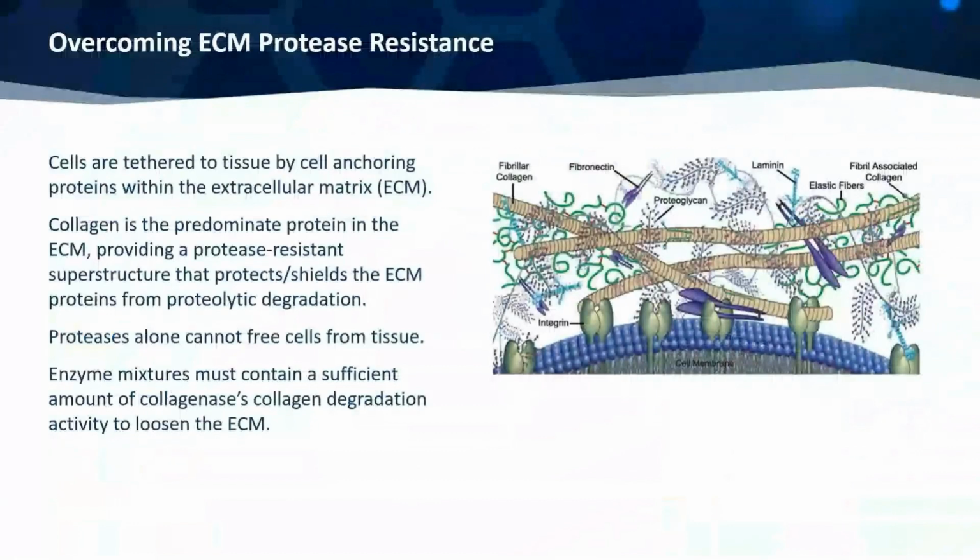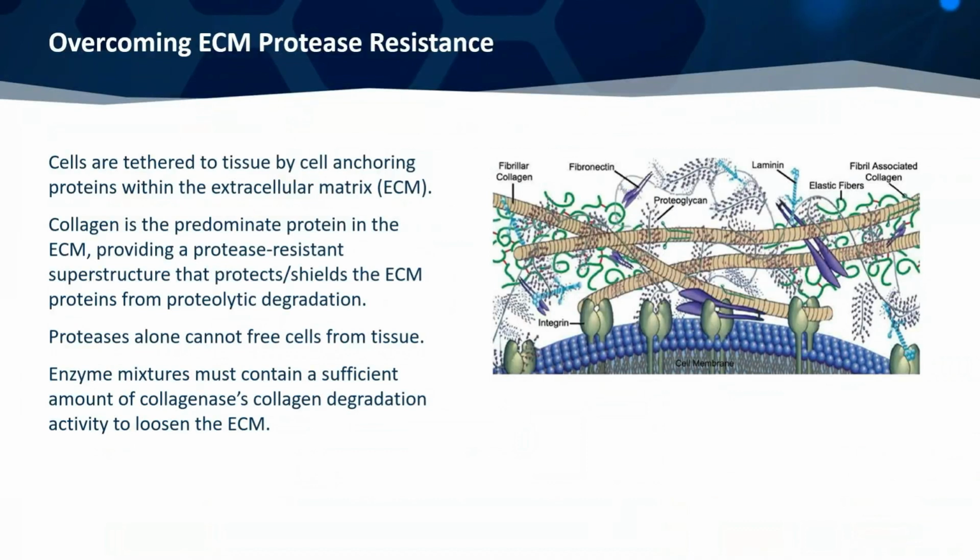So the real point that you've got to do to free cells from tissue is overcome the extracellular matrix protease resistance. As we know, and as all of you are aware, cells are tethered to the tissue by cell anchoring proteins. Collagen is the predominant protein, but it really is providing a protease-resistant superstructure that protects and shields ECM proteins from degradation.